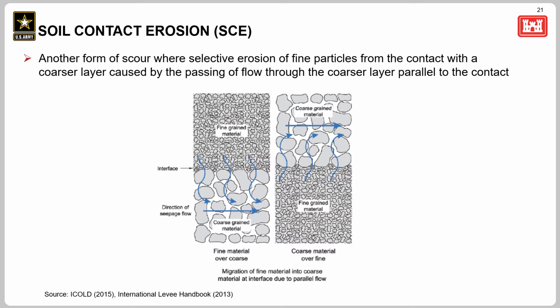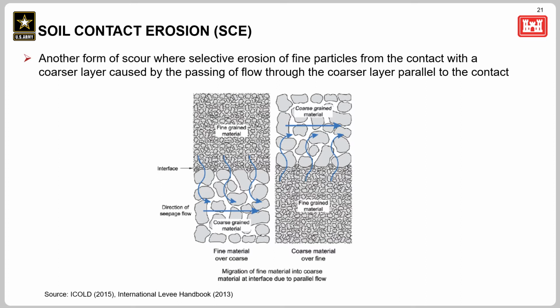Contact erosion or scour has been used in literature to describe erosion of core material at the core to foundation contact due to seepage flow within a continuous pathway in a rock foundation, such as an open joint. But this is really a form of concentrated leak erosion as we consider the types of internal erosion now.